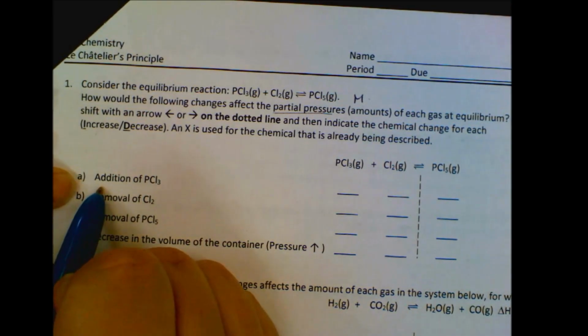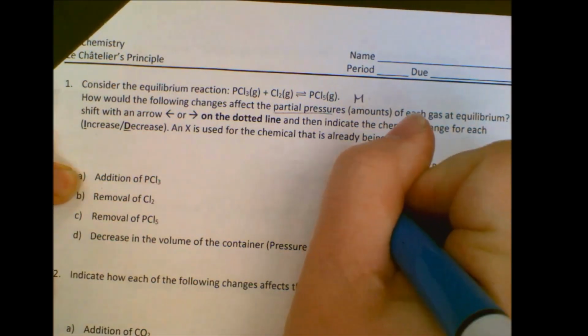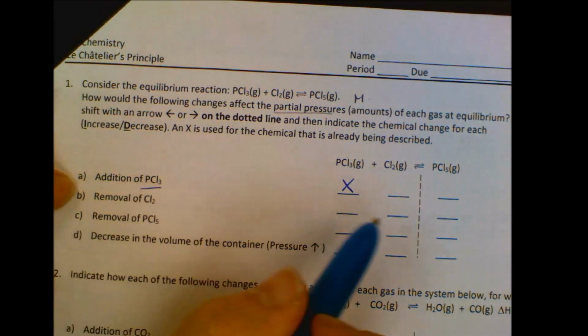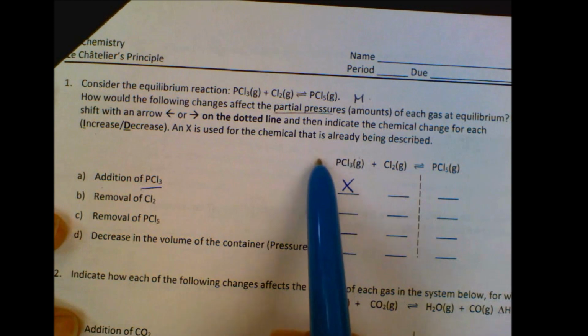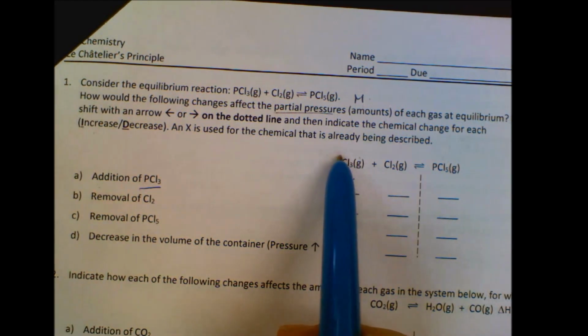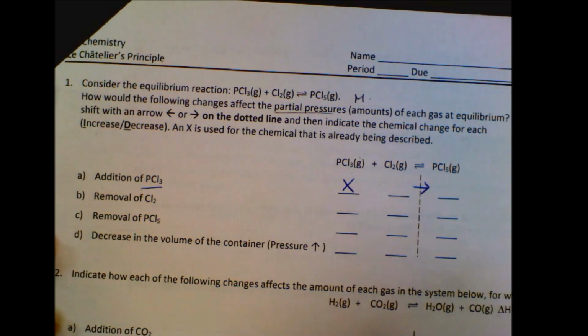Okay, so we're going to add first PCl3. So we're going to put an X on the PCl3 line because we're already talking about that one. And then we want to think about which way it's going to shift. So we're adding more reactant. So anytime we add something, we want to push towards the other side. So we're going to push towards the right.